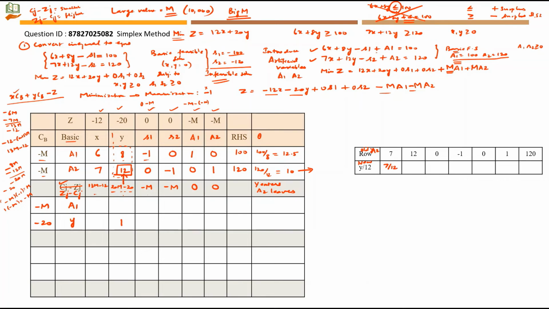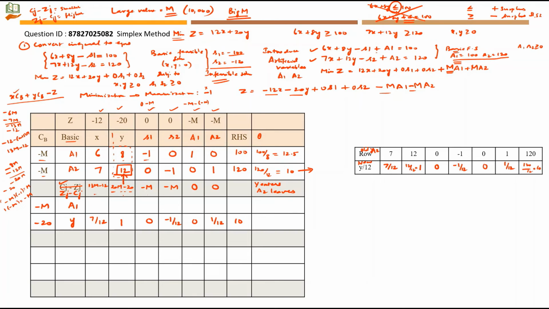So I will get 7 by 12 and 12 by 12, which is equal to 1. 0 by 12 is 0, minus 1 by 12, then 0, again 1 by 12. 120 by 12 will give me a value of 10. Now I will place this here: 7 by 12, 1, then 0, then minus 1 by 12, then 0, then 1 by 12, then here 10.